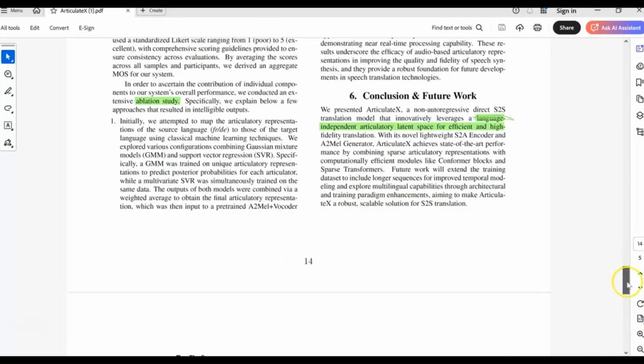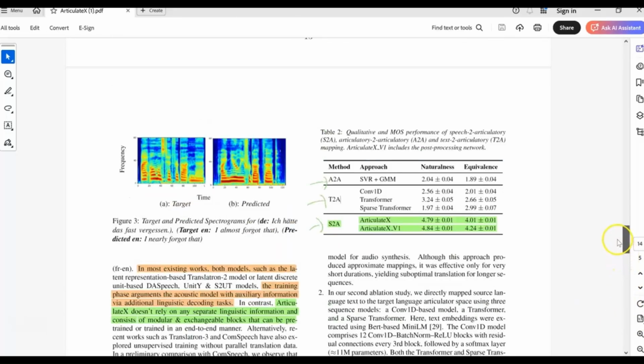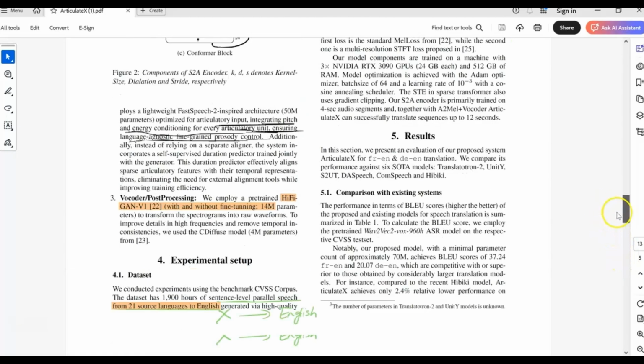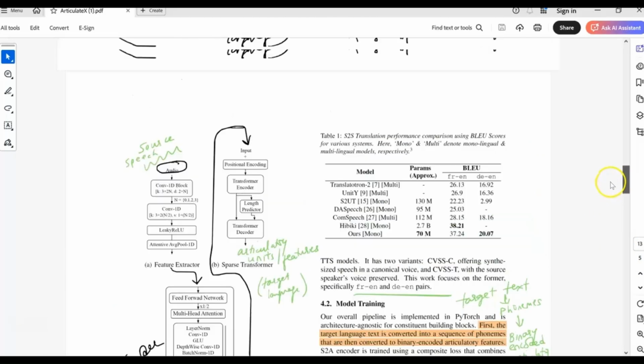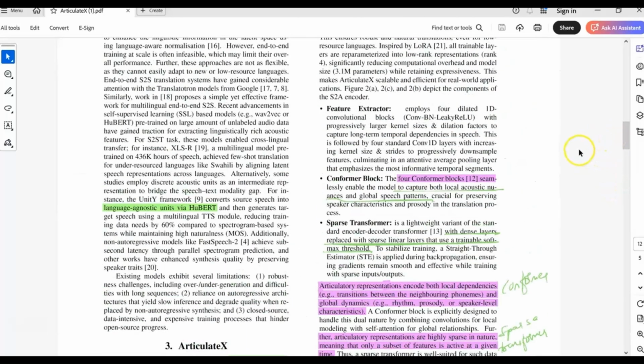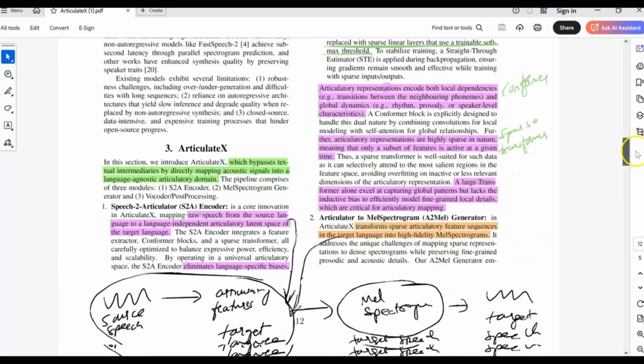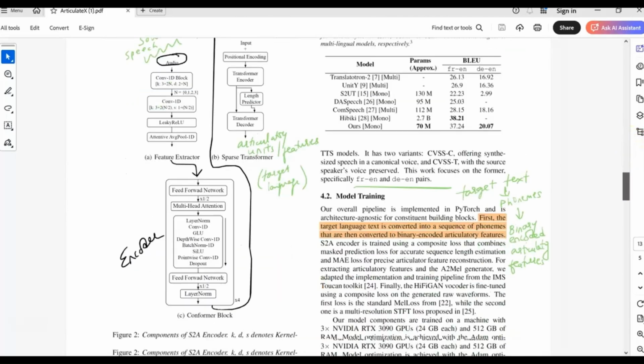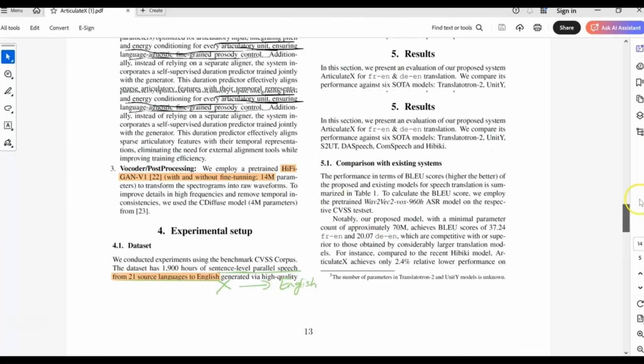Basically, that is the architecture that is presented in this paper. So let's just go back to recap, and I'll be quick. In this paper, the authors present a direct speech-to-speech translation model, which means there is no text involved when you are translating from speech in one language to speech in another language. And this model has three components. I think they had a better picture here.